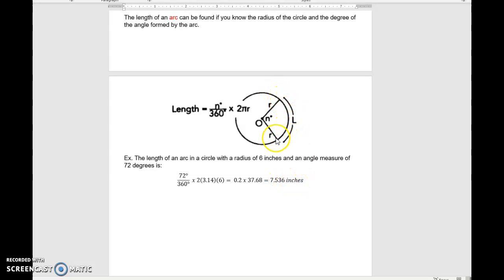So the length of this particular arc with these numbers will be about 7.536 inches. Now, if I was talking about the whole circle, then I would just use the 2 pi r part. But since I'm talking about part of it, or an arc, I have to use this particular formula.